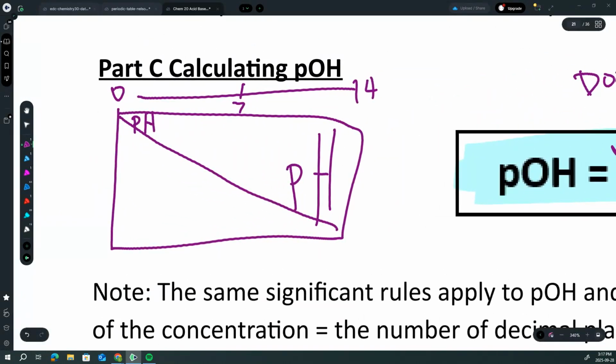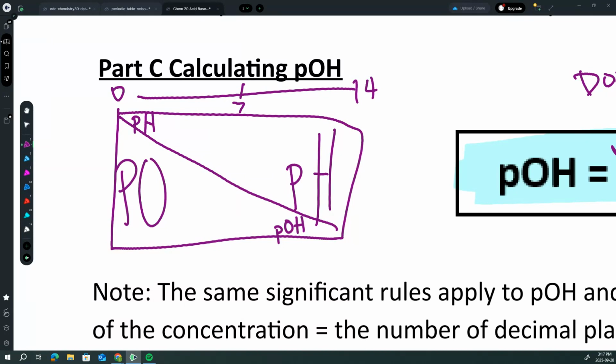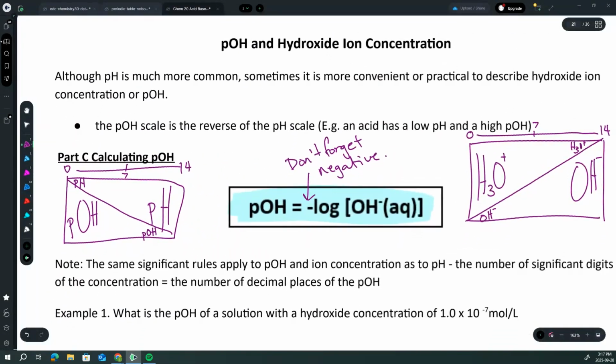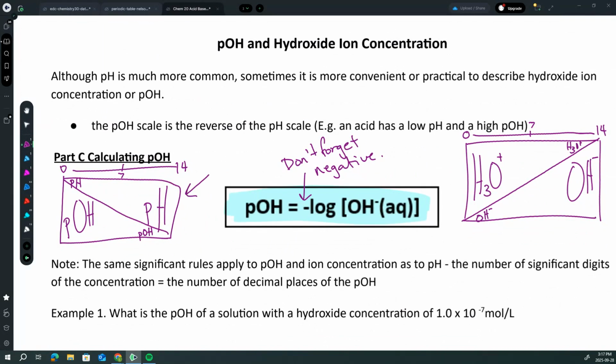Conversely, a solution that's basic would have a small pOH, but if it's acidic, it would have a large pOH. So this is the pOH and pH version of this diagram, just to make it a little bit more visual what this statement is saying here.